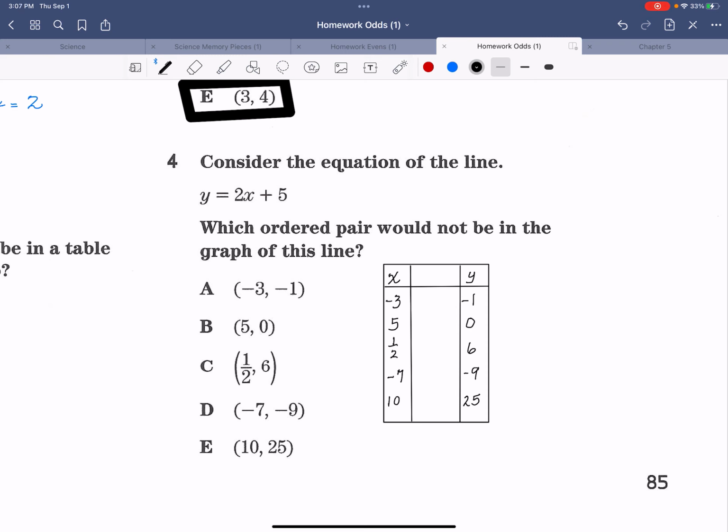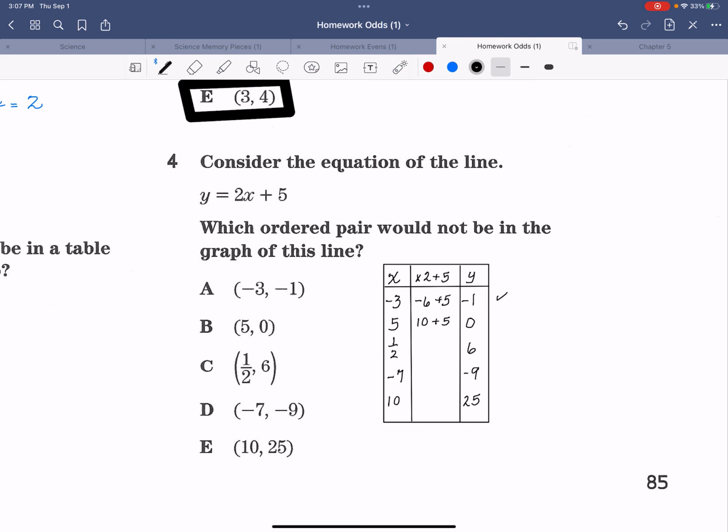So we need to figure out what the math is in this situation. So it's saying 2 times the value of x. So we're going to say x times 2 plus 5. So -3 times 2 is -6 plus 5. That is -1. That checks out. 5 times 2 is 10 plus 5.